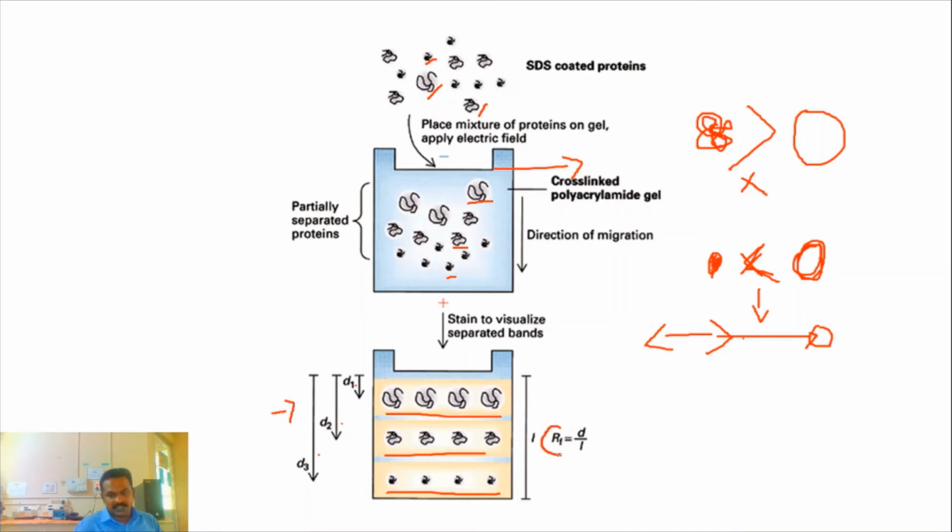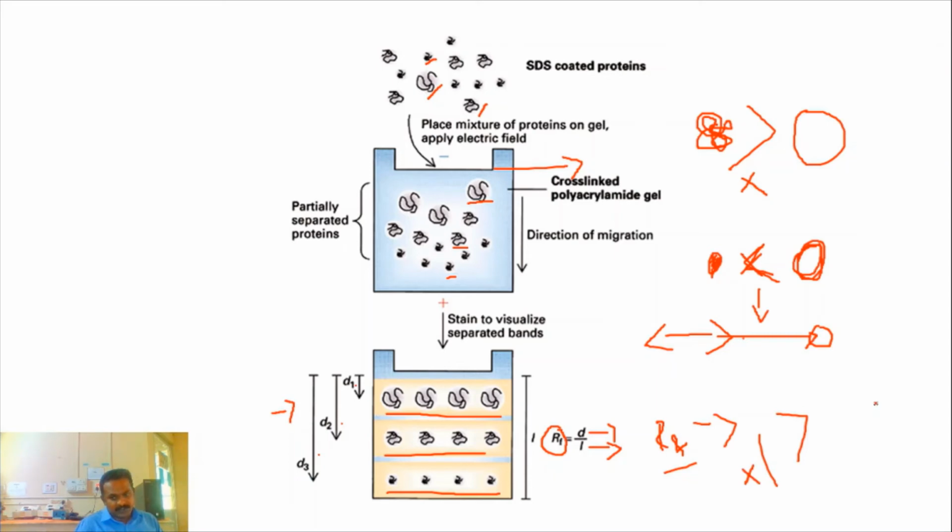Finally we get the relative front, the RF value. This is the distance migrated by the molecule divided by the total distance of the gel. The RF value is very important in electrophoresis. If the RF value is greater than 1, the molecules migrated very slowly.